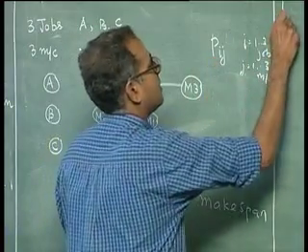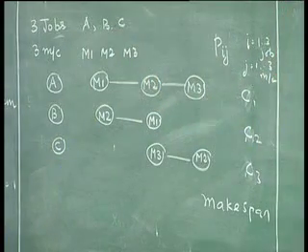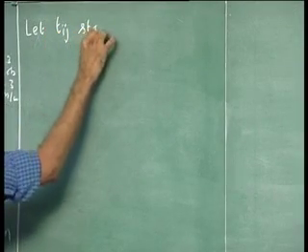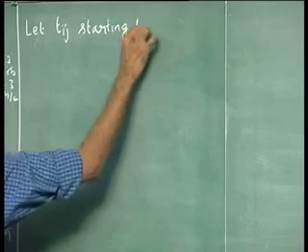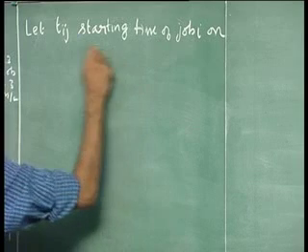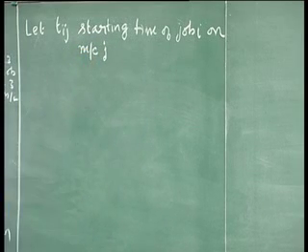Let Tij be the starting time of job i on machine j. Now, I take for example job A. For this certain things are very clear.